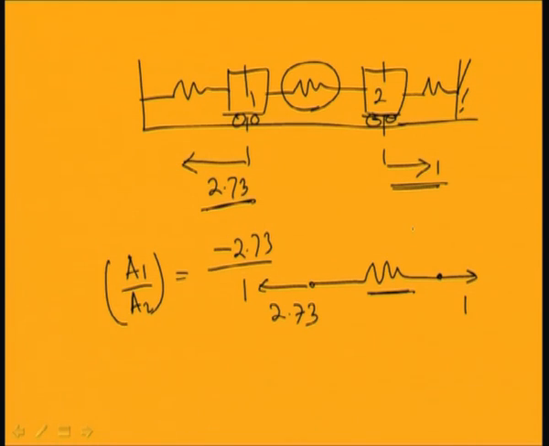When we are normalizing, in both the cases we have made A2 equal to 1, and we have found the value of A1. So, in both the cases we are normalizing the displacement of the second mass, and we have assumed that both the masses are moving with the same frequency and crossing the equilibrium position at the same time.